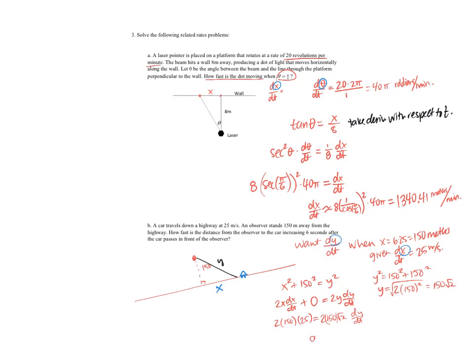I can divide both sides by 2 and by 150, and I get dy dt equal to 25 divided by square root of 2, which is about 17.6. And the units are the same as for dx dt, which is meters per second.